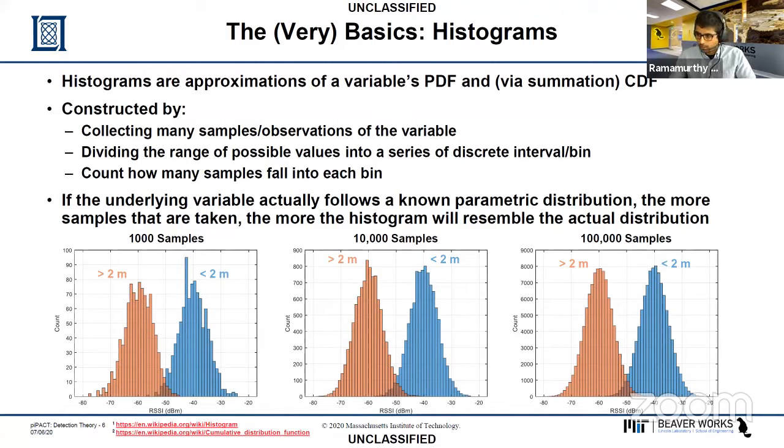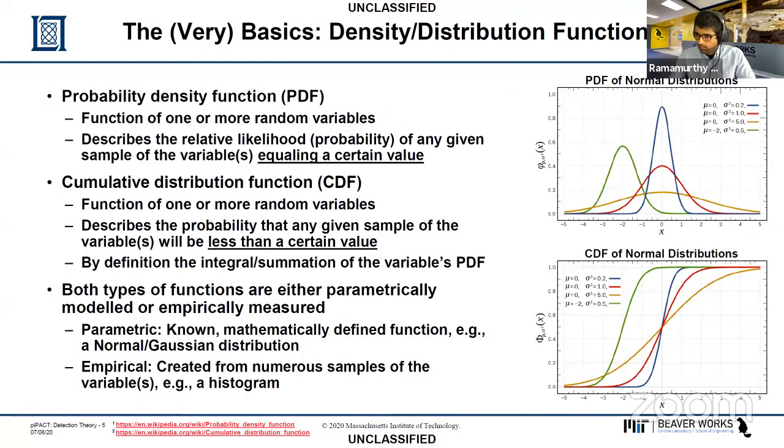Hold on, there's a question here. For the PDF of normal distributions, what numbers are set by the different lines and how do these affect how the line looks? A good question. So for a normal distribution, it's entirely defined by two parameters.